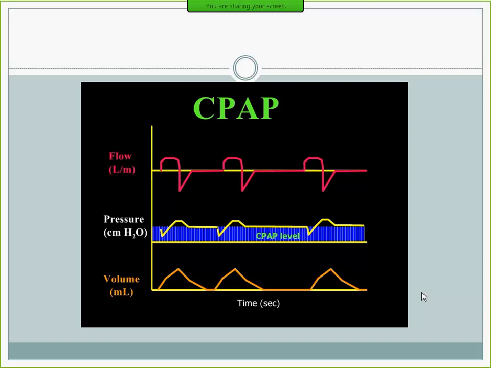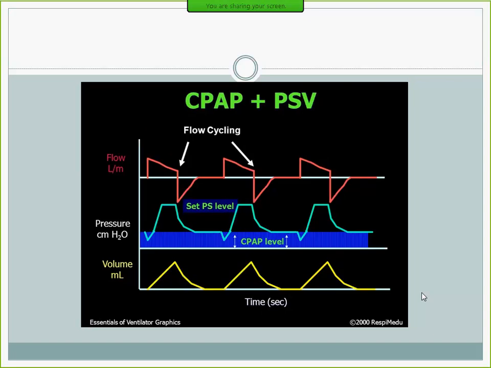You see with every breath, you have a negative deflection in the pressure. So every breath is generated by the patient. And with CPAP with pressure support, you are increasing the flow and demand level so that your pressure goes up, and as pressure goes up, your tidal volume goes up, and that makes the patient much more comfortable.